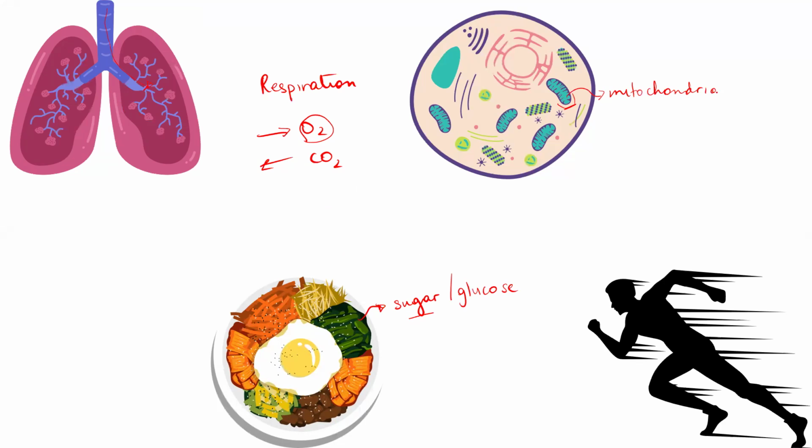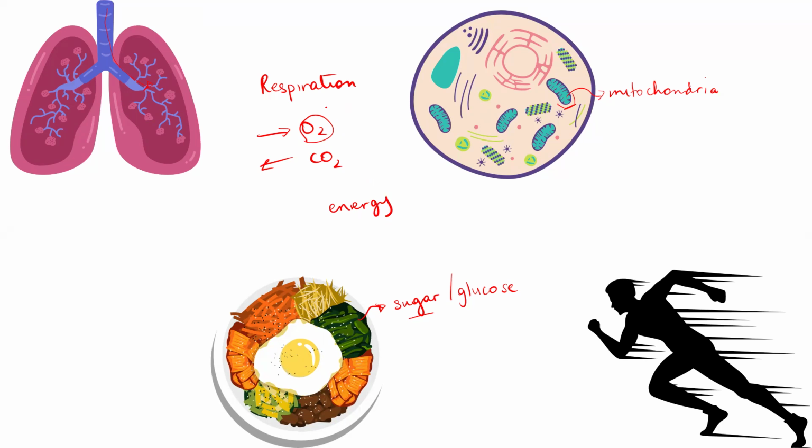These mitochondria essentially make the energy that is made through this process of respiration. So the whole process, taking in that oxygen, getting that glucose or the sugar from the food, carrying it to the cells, to the mitochondria, is to get to that point where energy can be made.